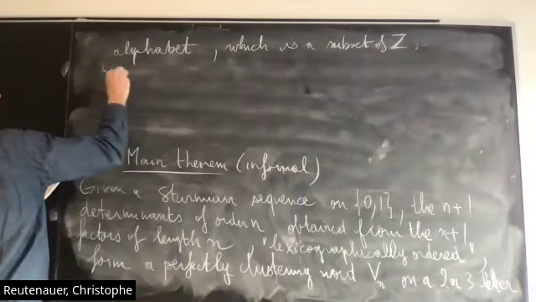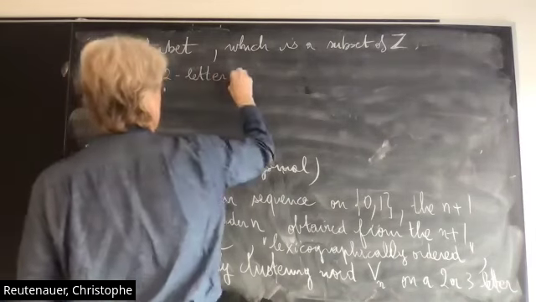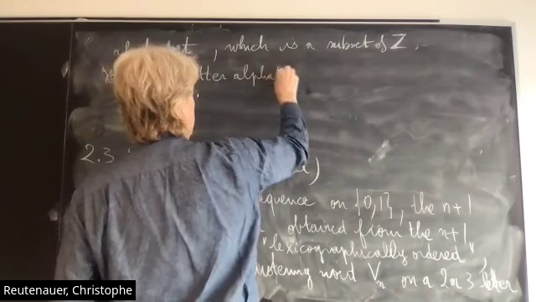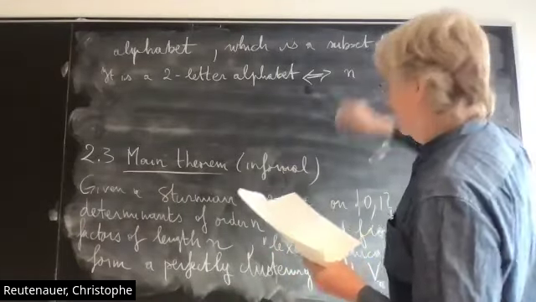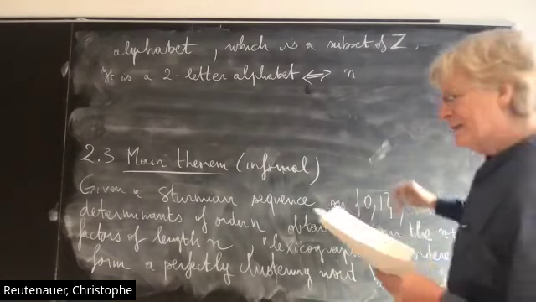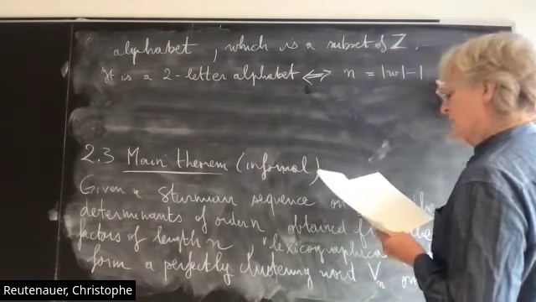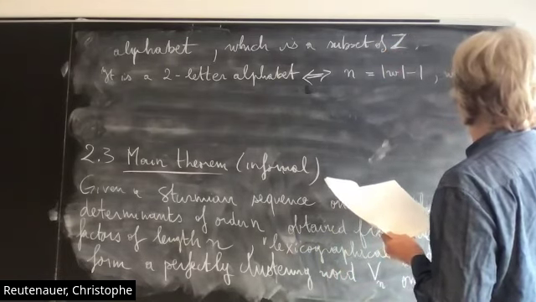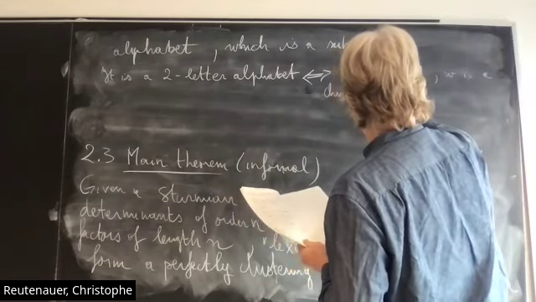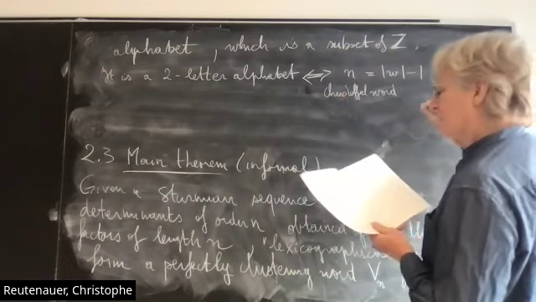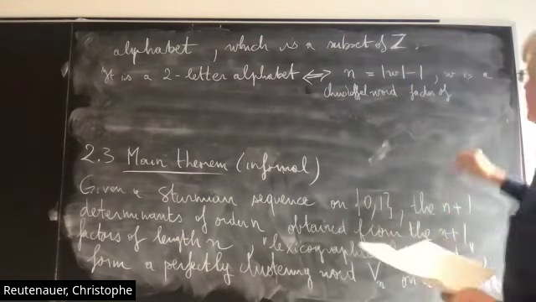And it is a 2-letter alphabet if and only if n, the length, is equal to the length of w minus 1, where w is a Christoffel word which is a factor of our Sturmian sequence.